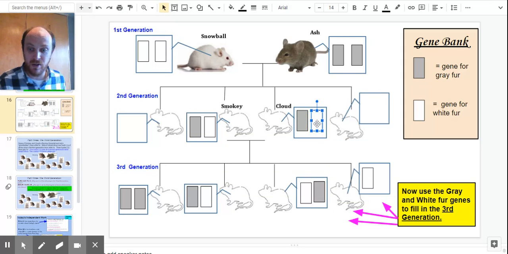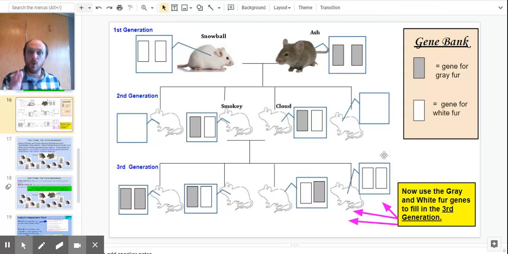And this baby could have gotten a white from each. These are actually the 4 different possible ways that Smokey and Cloud can pass on their genes. They could each give a gray, they could each give a white, or they could give a gray and a white. And there's 2 options: gray from Smokey, white from Cloud, or white from Smokey, gray from Cloud, just like they're shown here. So these are the 4.